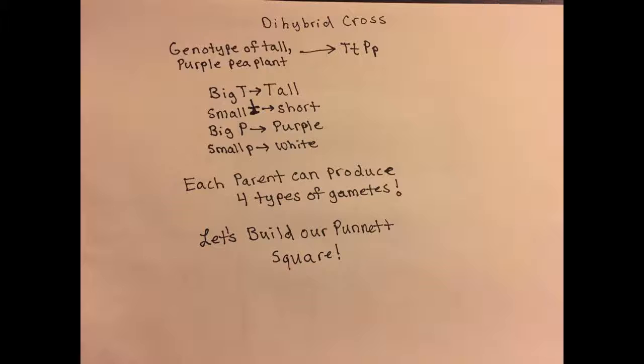So next up, we're going to start building our Punnett square, and when building our Punnett square, we need to keep in mind that each parent can produce 4 types of gametes due to their dihybrid nature.